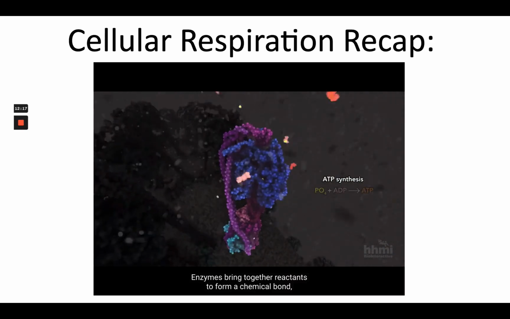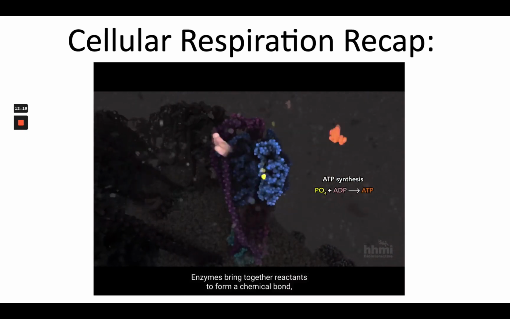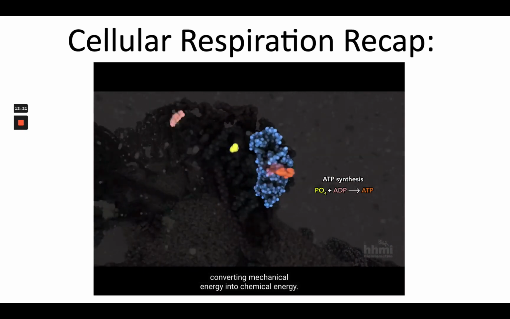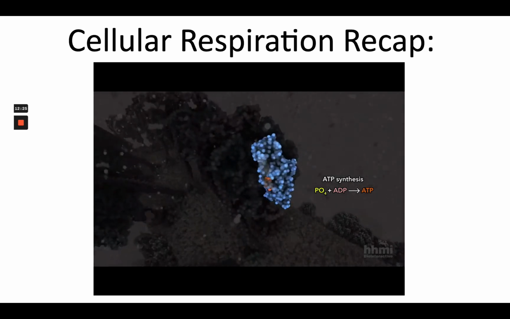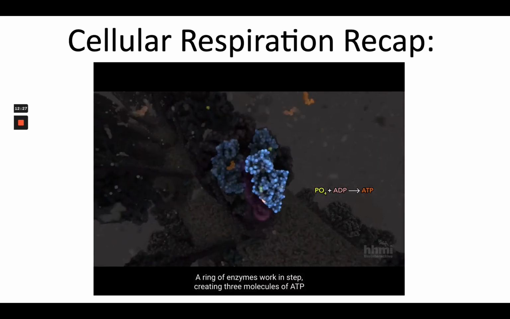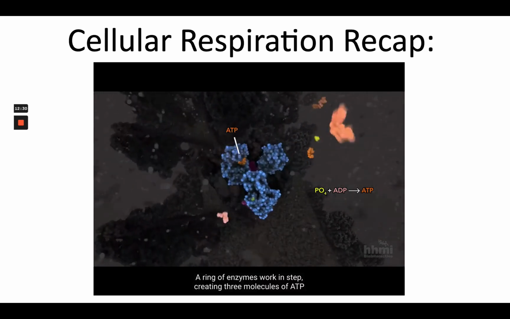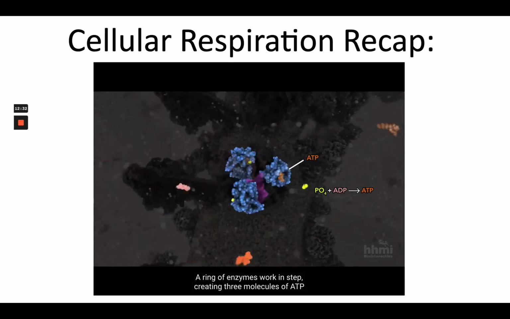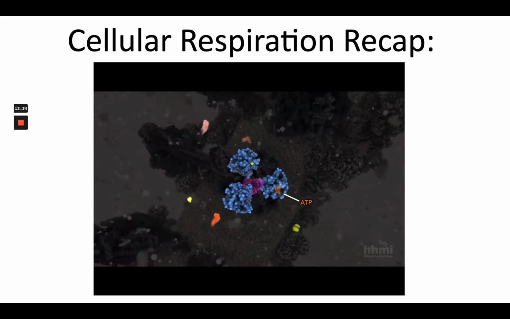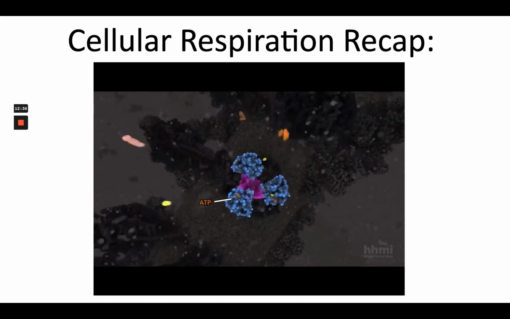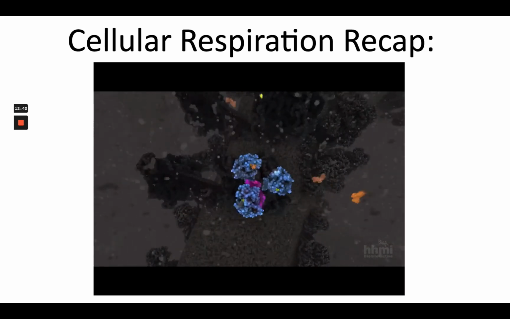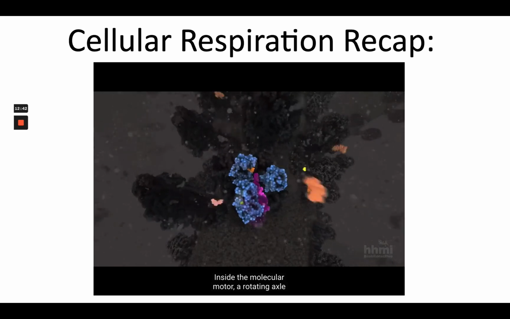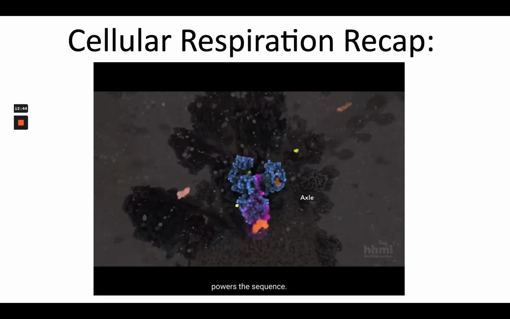Enzymes bring together reactants to form a chemical bond, converting mechanical energy into chemical energy. A ring of enzymes work in step, creating 3 molecules of ATP with each cycle. Inside the molecular motor, a rotating axle powers the sequence.